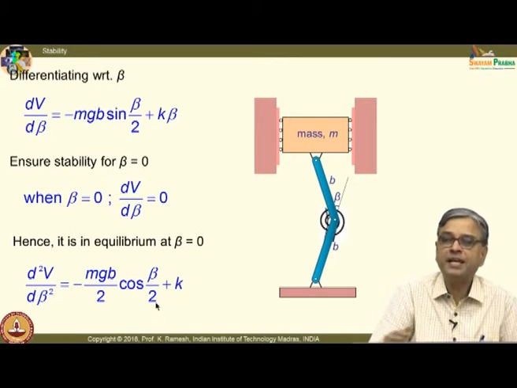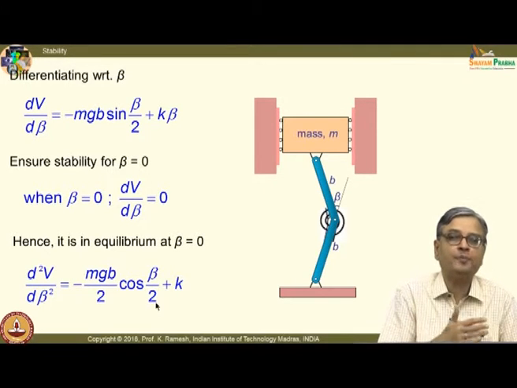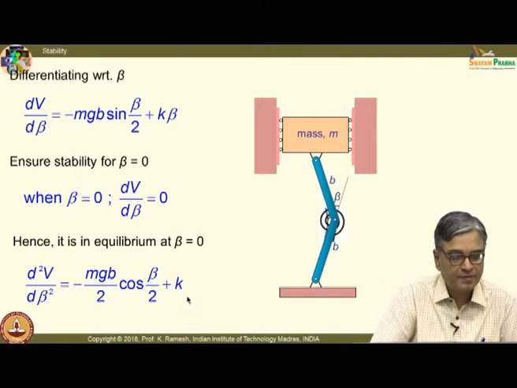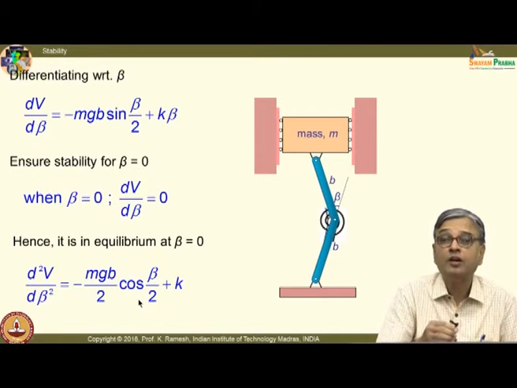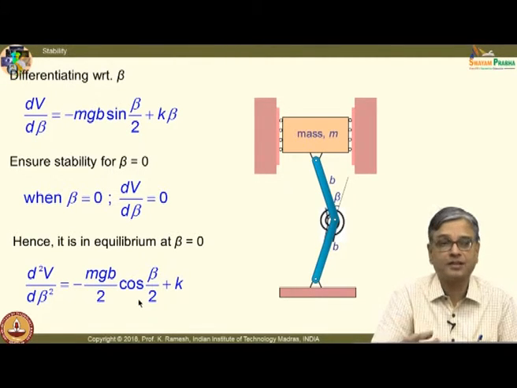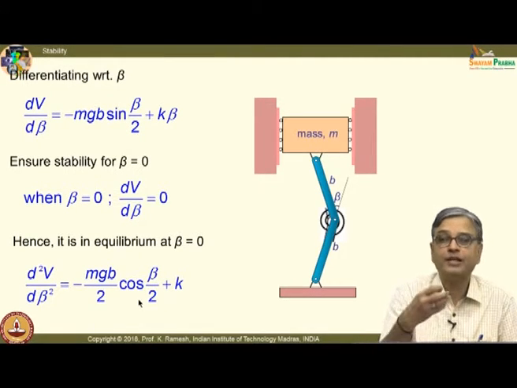So, this gives me a minimum condition, and for it to be stable it has to be positive. So, I am in a position to get a condition to ensure what should be the torsional stiffness of the spring that I should put if I have to develop a prosthetic to replace your knee joint.